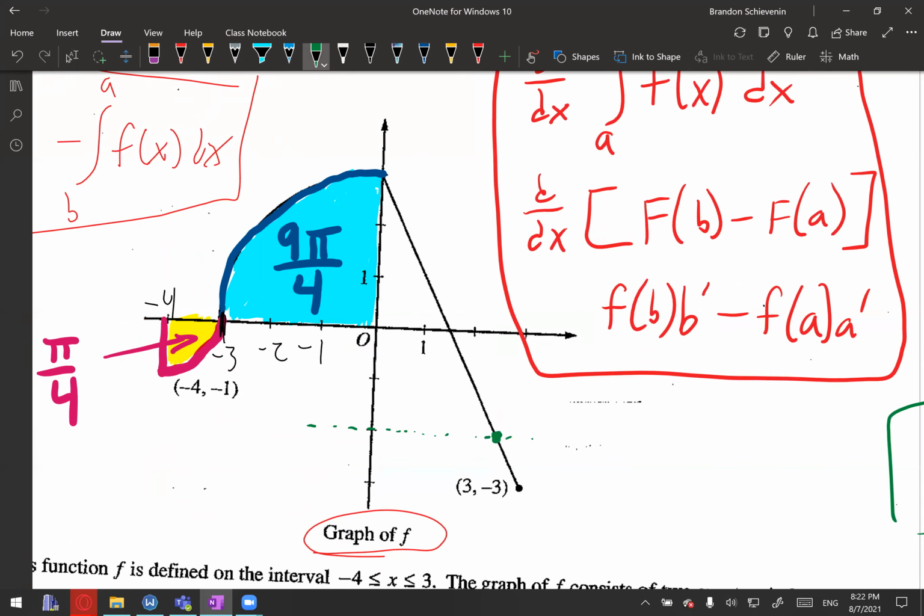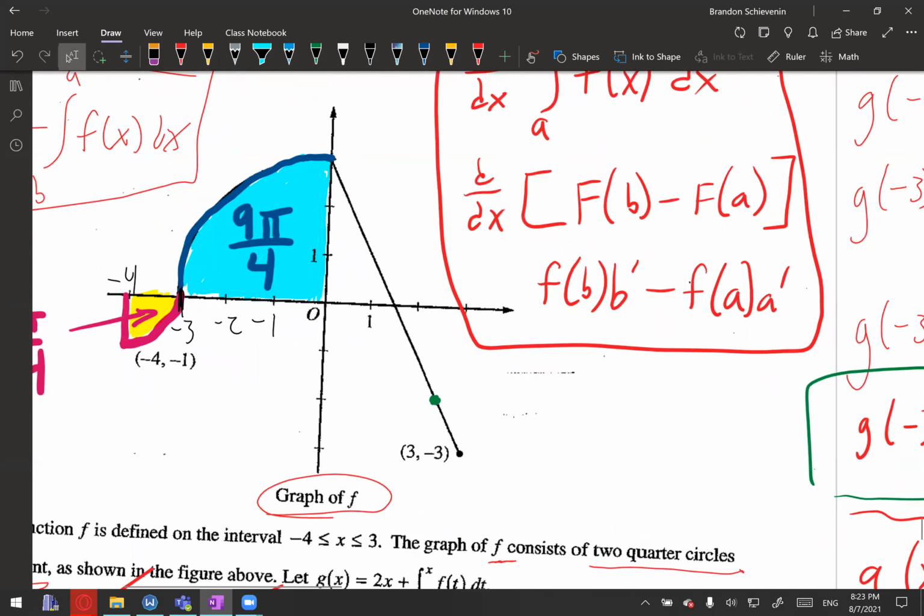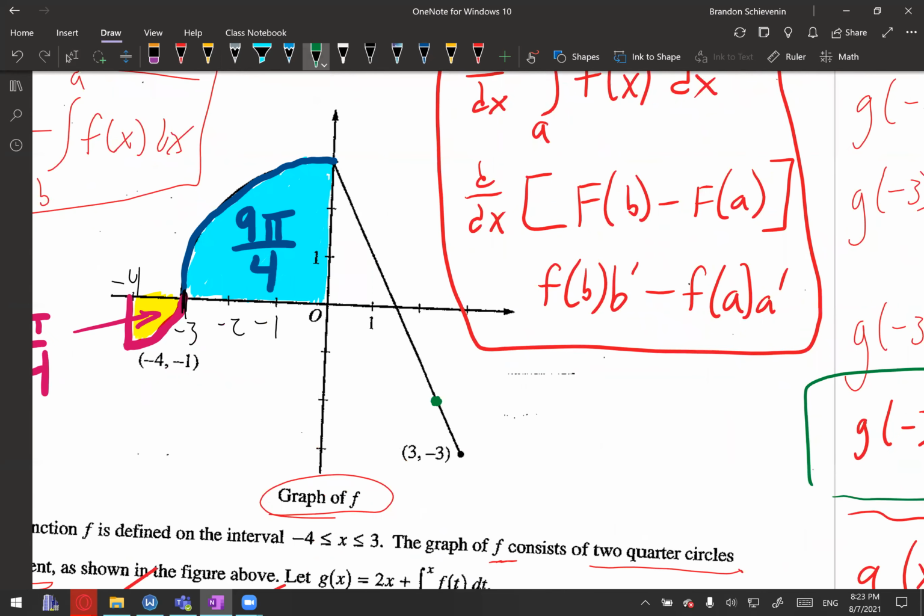I need to figure out this point. How can I find this point? To substitute -2 into the equation. Unfortunately, we don't have an equation for this, so we'll just need to create an equation. What would the equation of this line be?